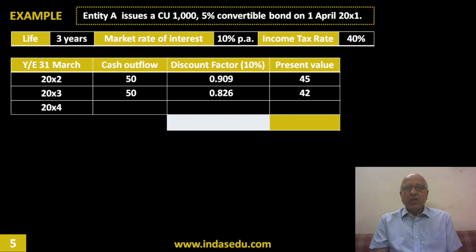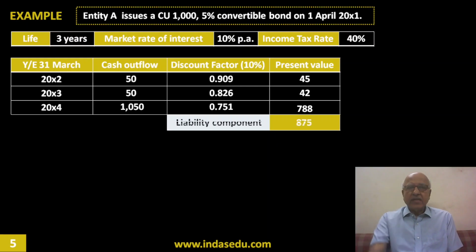Present value is 42. Last year 1050, 50 is the interest, and 1000 either will be converted or the amount will be paid if not converted. Discount factor is 0.751. So present value is 780. Total is 875. This is the liability component, the present value of the ultimate obligation.